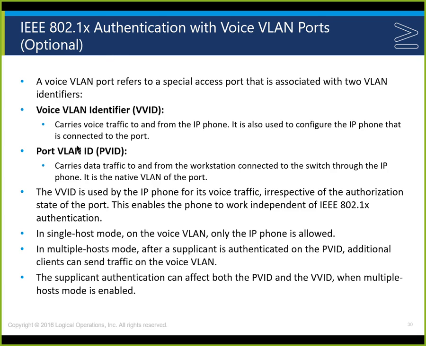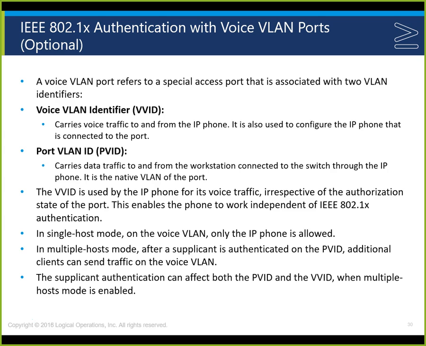Voice port, a special access port associated with VLANs, the voice VLAN identifier. This is the VLAN ID, and the port VLAN ID is the data VLAN ID. The voice VLAN is used by the IP phone. With a single host, on the voice VLAN only the IP phone is allowed.